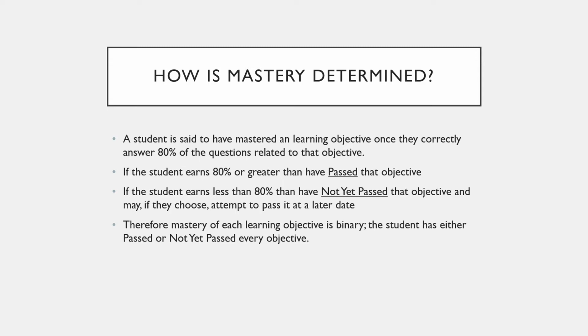So another benefit of using a specifications grading system is the acknowledgement that students may master objectives at different rates and at different times, maybe not on the first exposure, but the second exposure. Now, what this means is what I'm measuring is binary. The student either passes the objective or has not yet passed the objective, and that will come up again here in a moment.